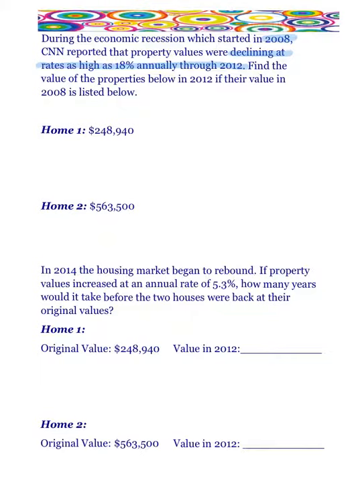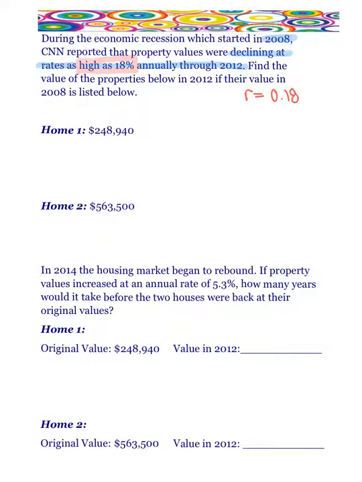We want to find the property values for home 1 and home 2 if their property value in 2008 is listed below. For this example, let's assume this is as high as the declining rate can be. So here my R value is going to be 0.18 for 18%.